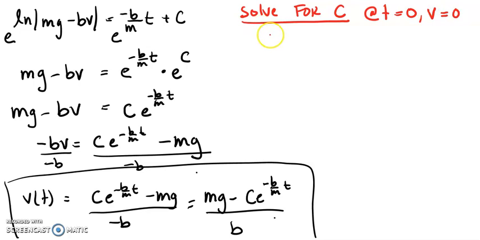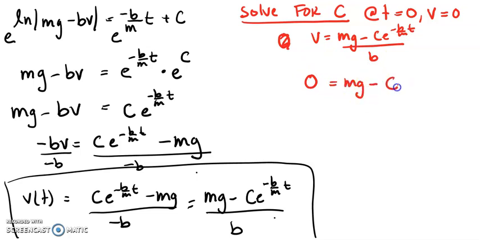Great. So let's go ahead and plug that in, into the equation that we just solved for. So we have 0, let me just write the equation right here, equals mg minus c e to the negative b over mt over b. Great. So let's plug it all in. 0 equals mg minus c e to negative b over m times 0 over b. Great.